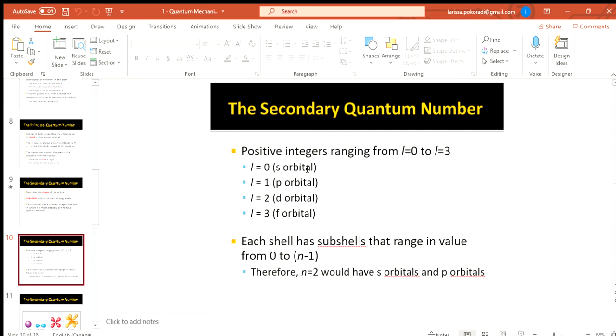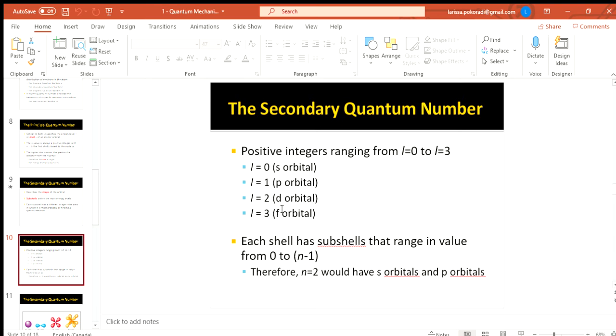So all those s orbitals we saw actually had a secondary quantum number of 0. Those p orbitals we saw had a quantum number of 1. And on our next slides, we'll see d and f orbitals.